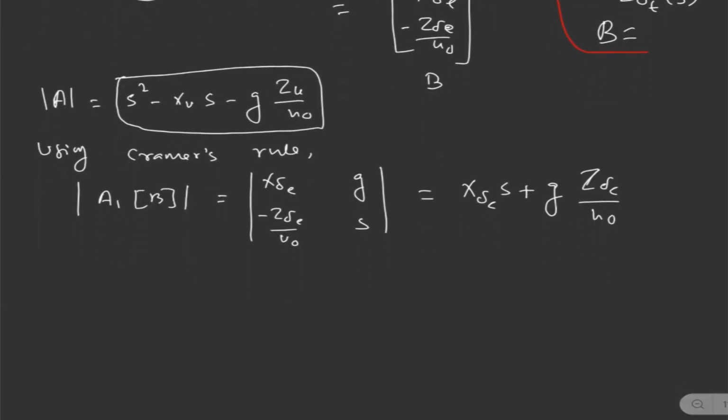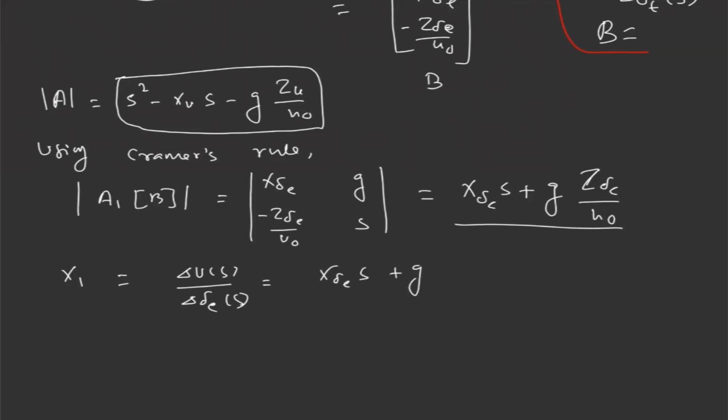So we can find the transfer function X1, which is basically delta u(s) divided by delta elevator(s), and this is the numerator part: X delta E s plus G Z delta E divided by U naught, over the determinant of the A matrix, s squared minus Xu s minus G Zu divided by U naught.